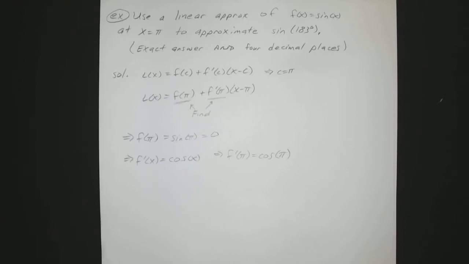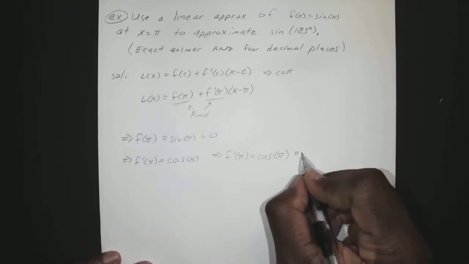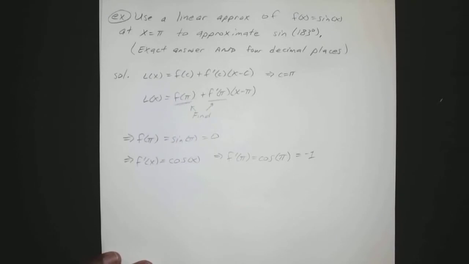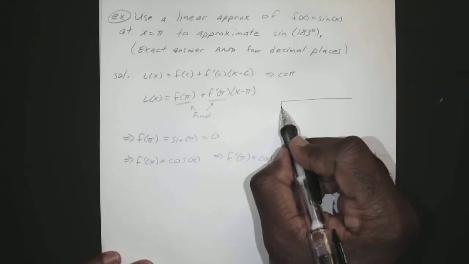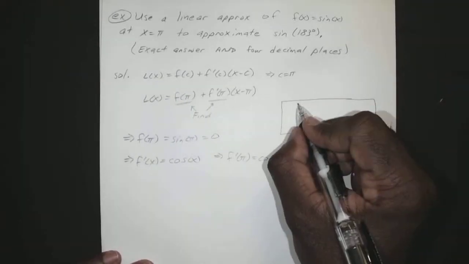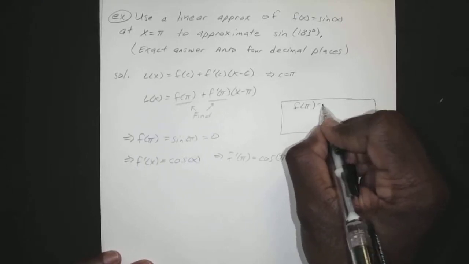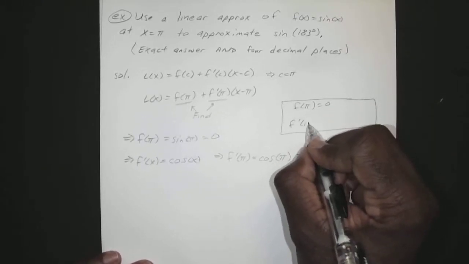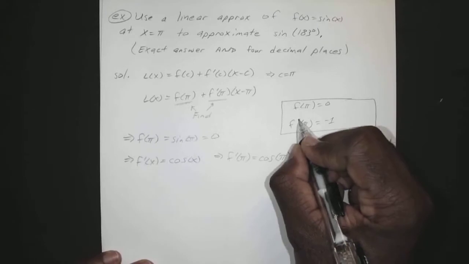And cosine of pi is equal to -1. So f of pi is equal to 0, and f prime of pi is equal to -1.